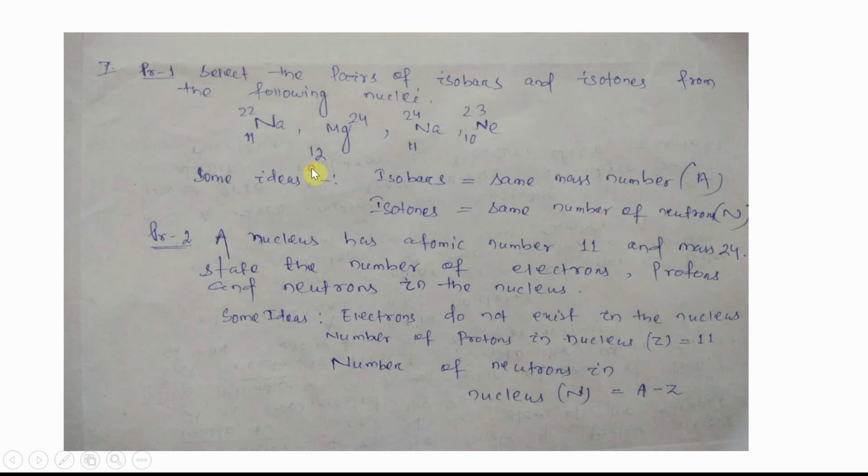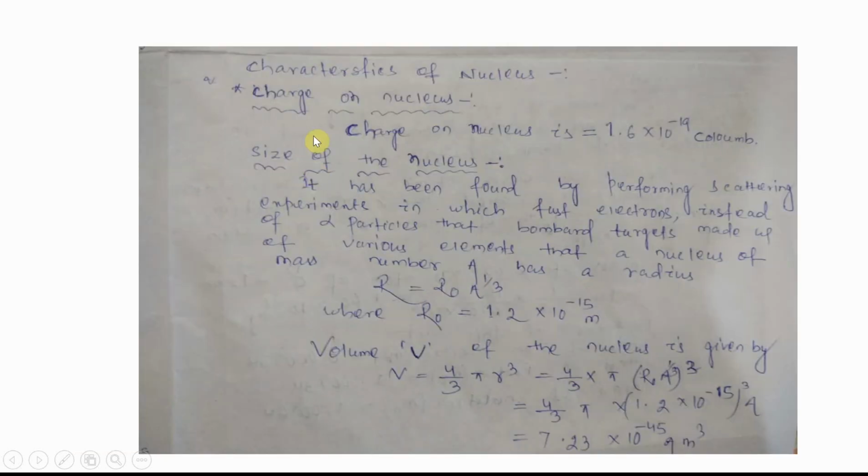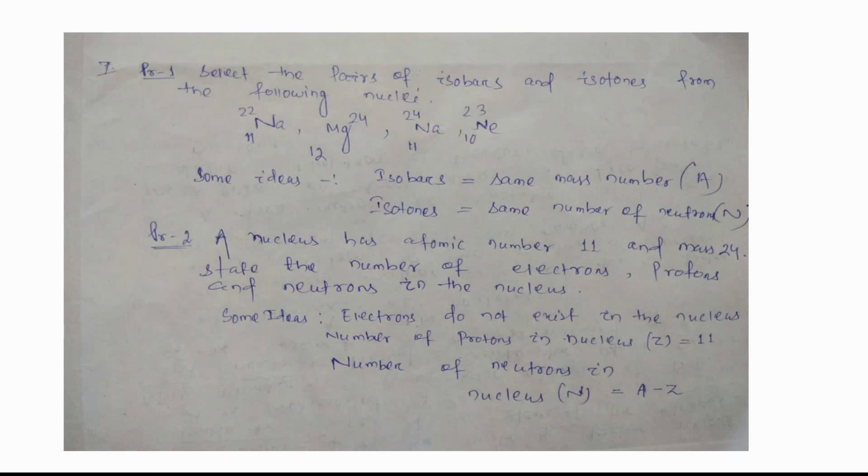You have to select from these pairs which are the isobars and which are the isotones. You will select on your own. If you cannot solve it, then ask me on WhatsApp. I will tell you. This is the task for you. You have to solve it. It is a very small question.